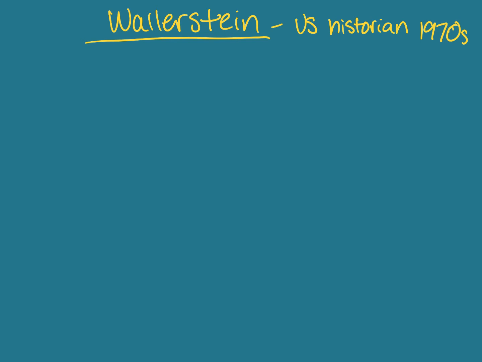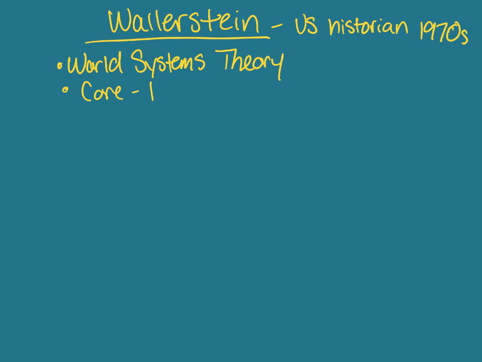It can be called the World Systems Theory, or the Core Periphery Model. We talked about that? Yeah, we said periphery, semi-periphery, and then what's called core.